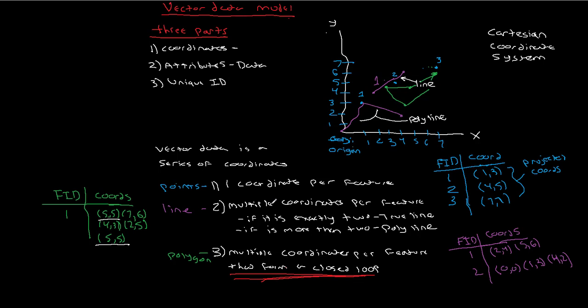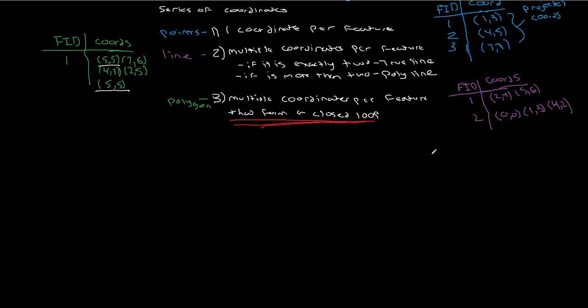So what I want to wrap up this lecture with is just a couple of examples of each type of vector data and where you might find them useful. So let's go ahead and give ourselves just a little bit of room here. So just to recap, we have points, we have lines, and we have polygons.